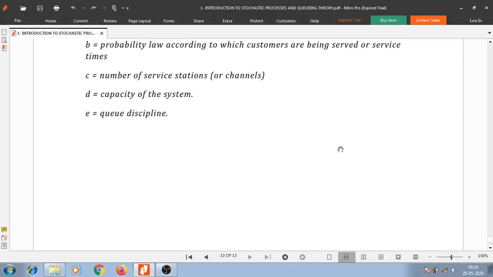Then we introduced the queuing system and its fundamental components. What are the fundamental components? Arrival process, input process, service mechanism, queue discipline, and customer behavior. After that, the solutions of the queuing system: steady state solution and transient state solution. Then we talked about the notation of the queuing system.